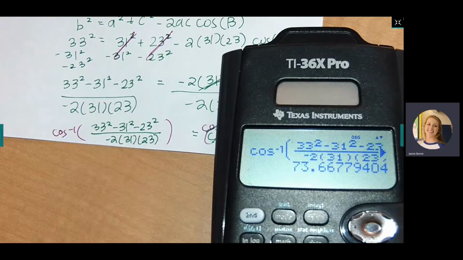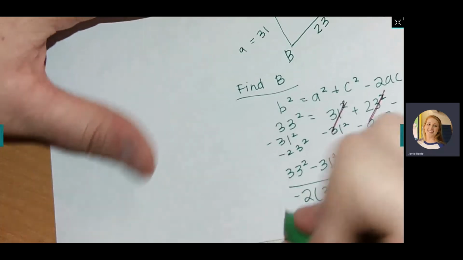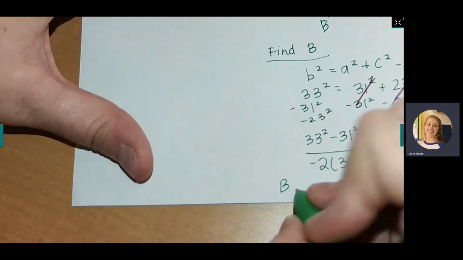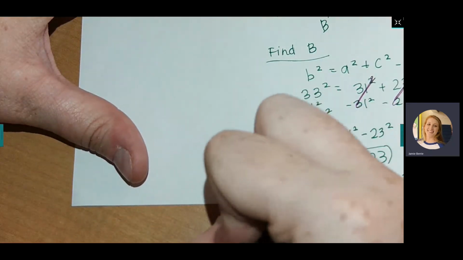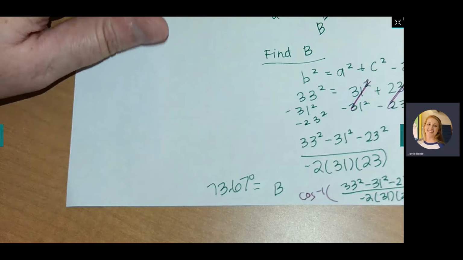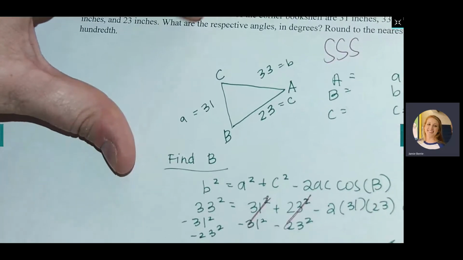It says round to the nearest hundredth, so 2 decimal places. 73.67. Yep, that's what I got earlier. 73.67 degrees. Don't forget the degrees on all your angles.